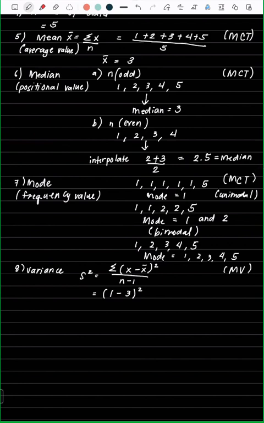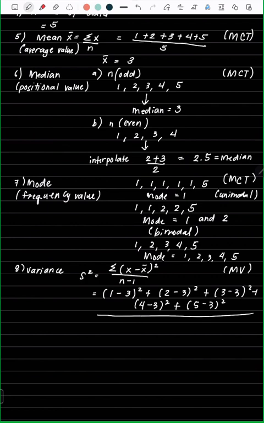So the first value that we have is 1. You're going to repeat the algebraic expression again and again until you use up all of your data.